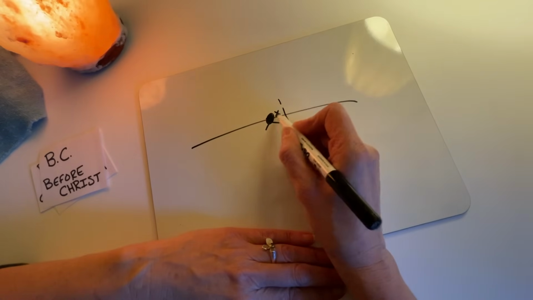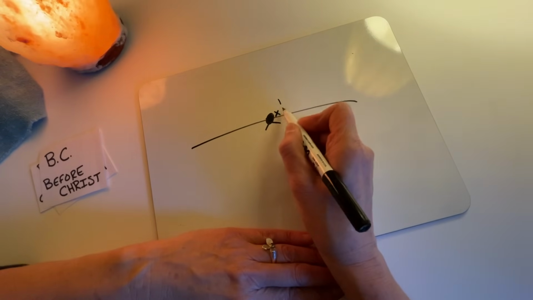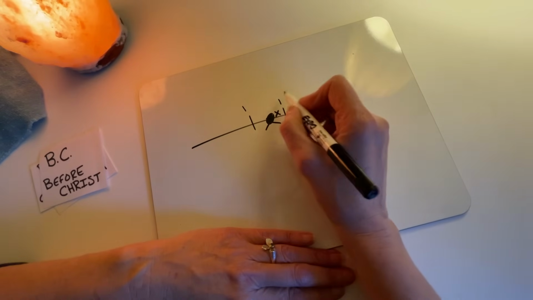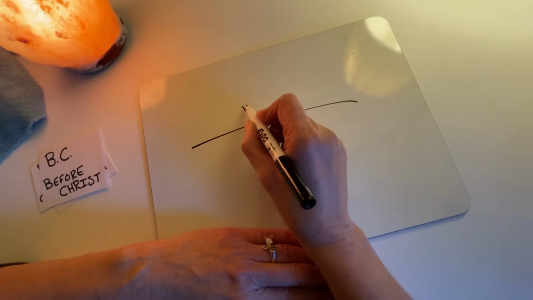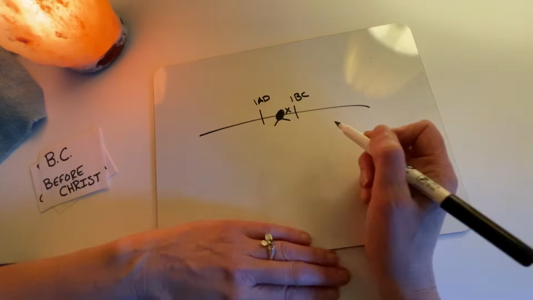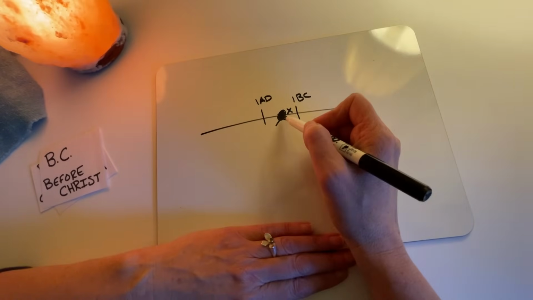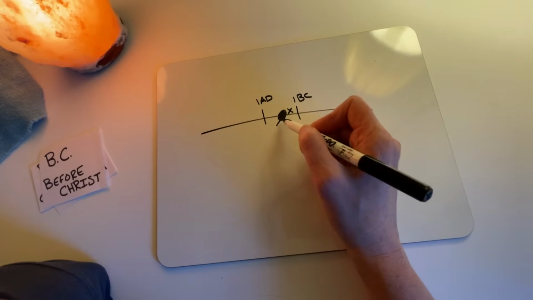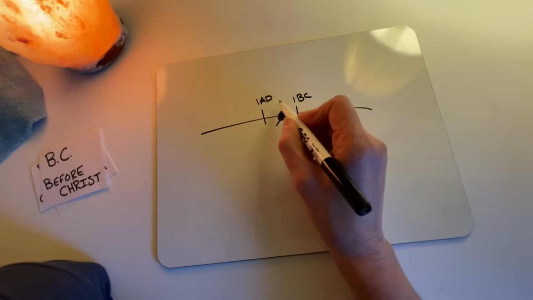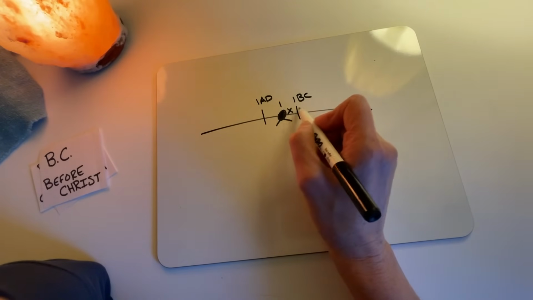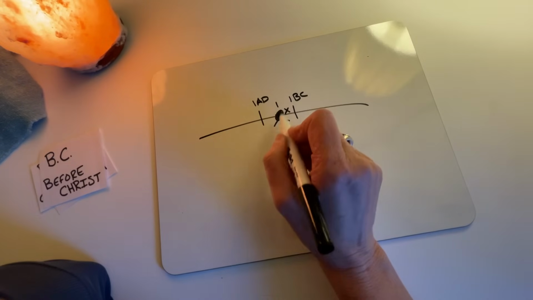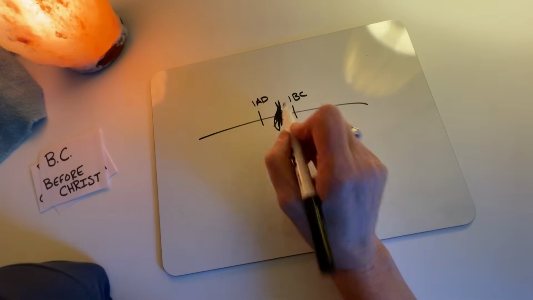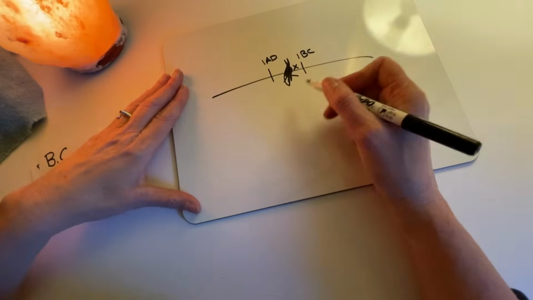So this time would be the year 1. And this time would be BC 1. And this would be AD 1. So there's not really a year 0. I never really thought about it. They wouldn't overlap. So what would this year be? I'm not sure. Anyway.